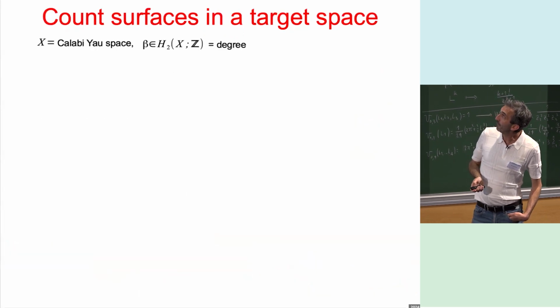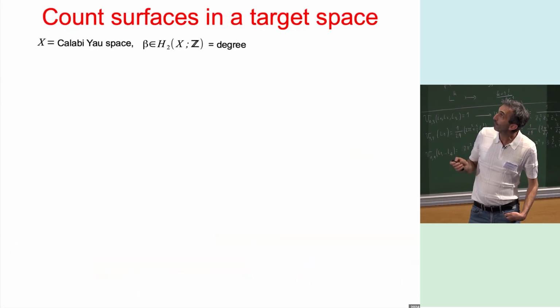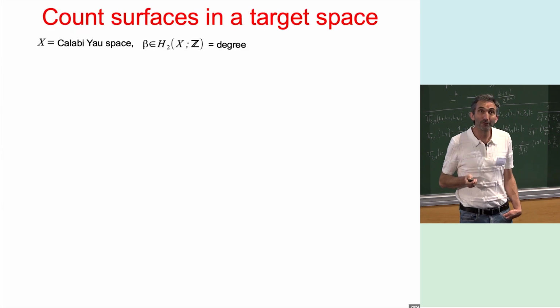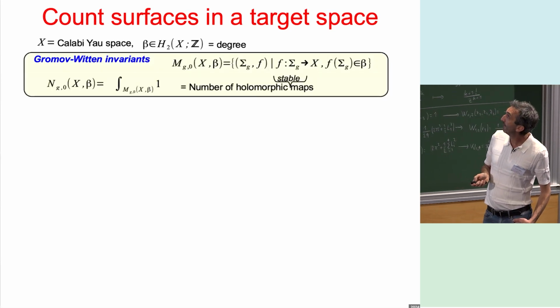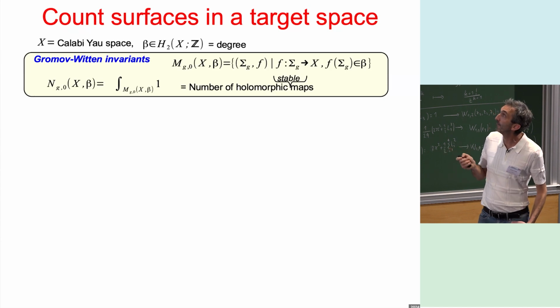Let me take now X a Calabi-Yau space. On beta, the degree is in fact a cohomology class, okay? And again, look at this space of all possible ways to embed, so all possible functions from a surface of genus G into X that has class beta.